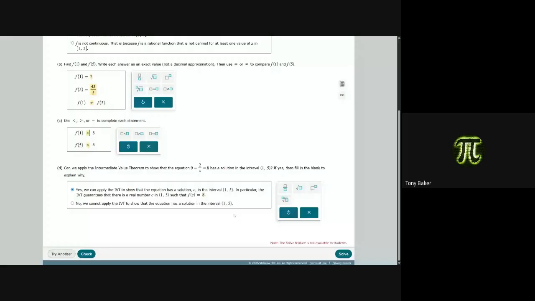Let's see. Trying to find one that doesn't work.